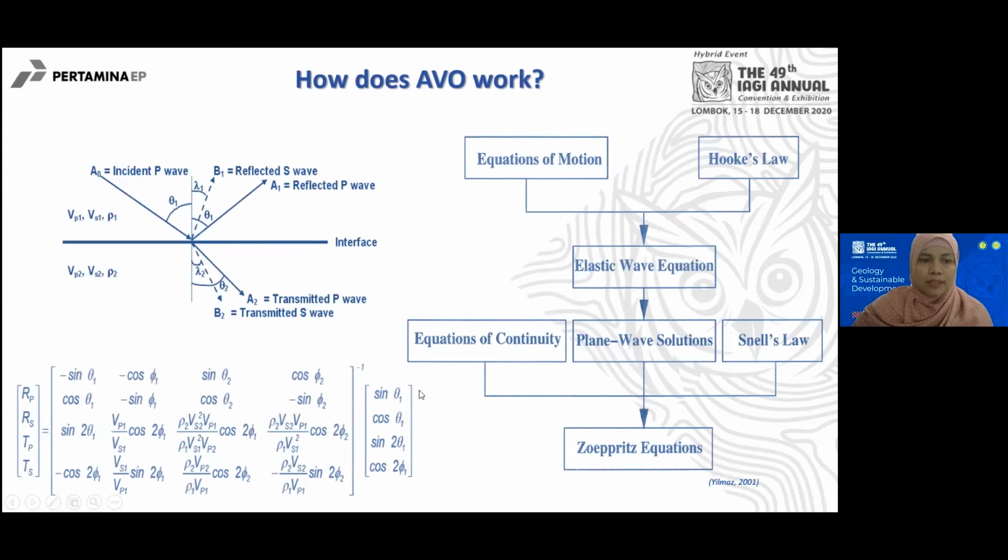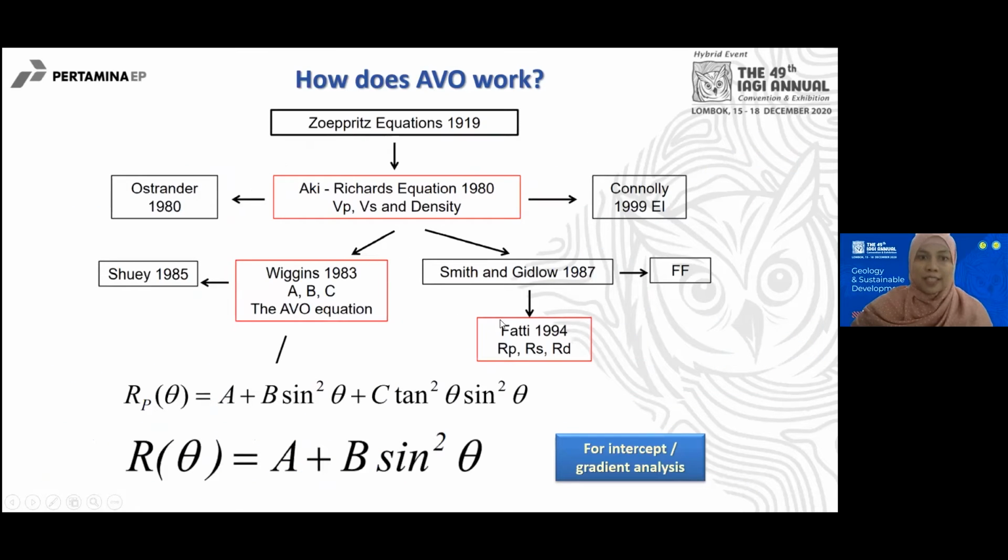Zoeppritz approached to resolve this equation by elaborating the elastic wave equation and their solution into a matrix with 4 unknown variables. But don't worry, we are not going to deep dive into the matrix because thanks to these guys here, the equation has been simplified into a more practical solution.